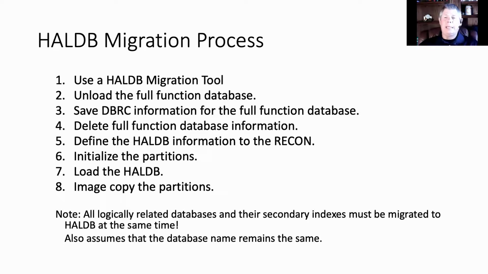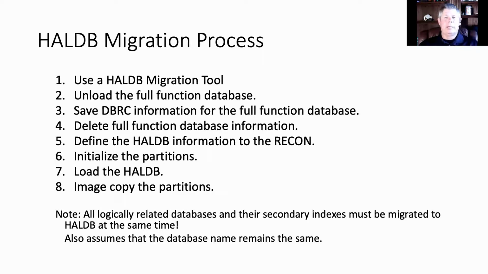Then you'll define the HALDB by making the necessary DBD changes. That's taking the DBD types, like we said, from maybe HDAM to either PHDAM or PHIDAM, and you'll also want to do the PS index. And then you'll define the HALDB to the recon. You can do that in several ways.